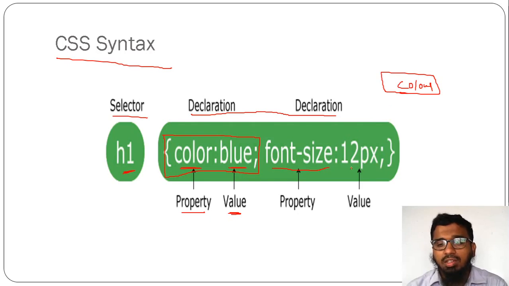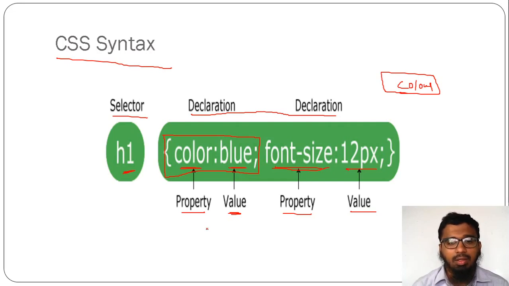Font size is 12px. 12px, pixels, is the value, and font size is the property. So color is blue, font size is 12px, and all of this is called a declaration. So this is a simple syntax.